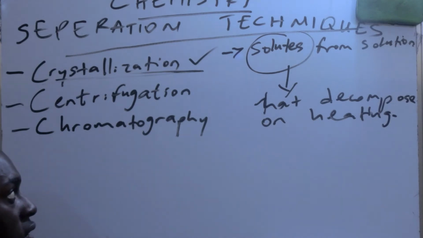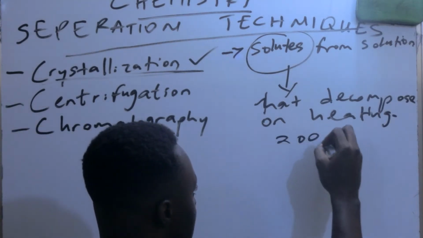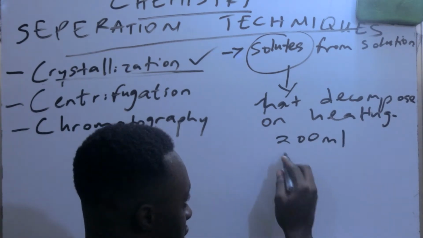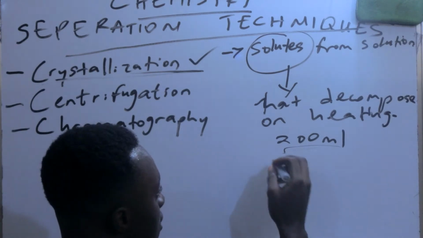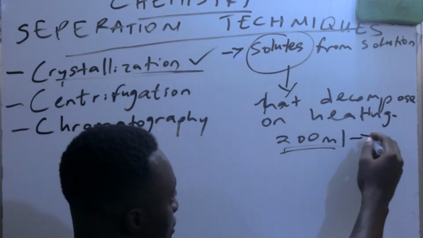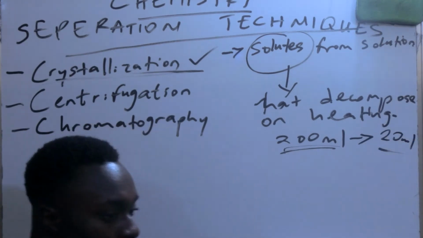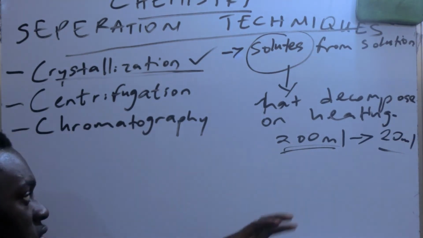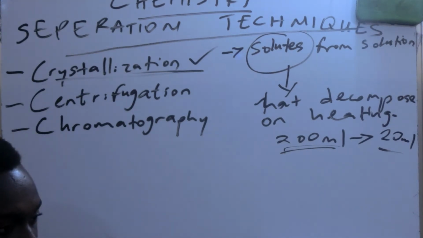Of course, let's say you had 200 ml of water in the solution, and that 200 ml of water was heated and evaporated until what you have left is, let's say, 20 ml of water. You still have the same amount of solutes, but you have less solvent.